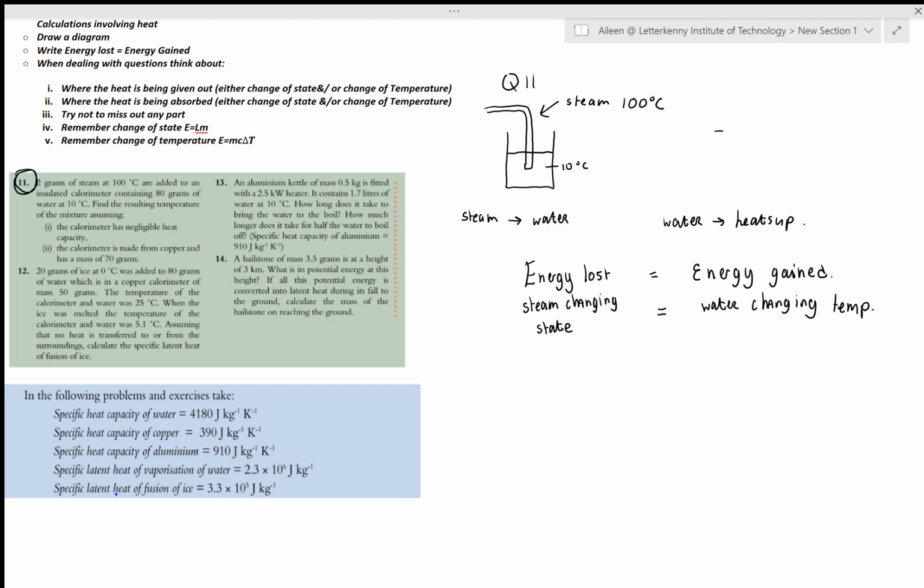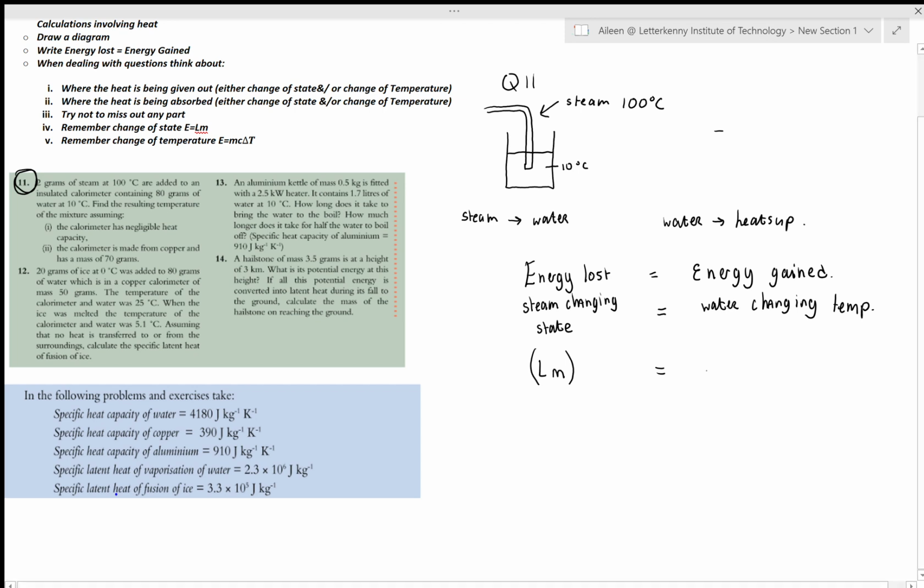We now substitute in our equations for change of state and change of temperature. So if our steam is changing state, the amount of energy lost is equal to Lm. Our water is heating up, so there's a change in temperature.